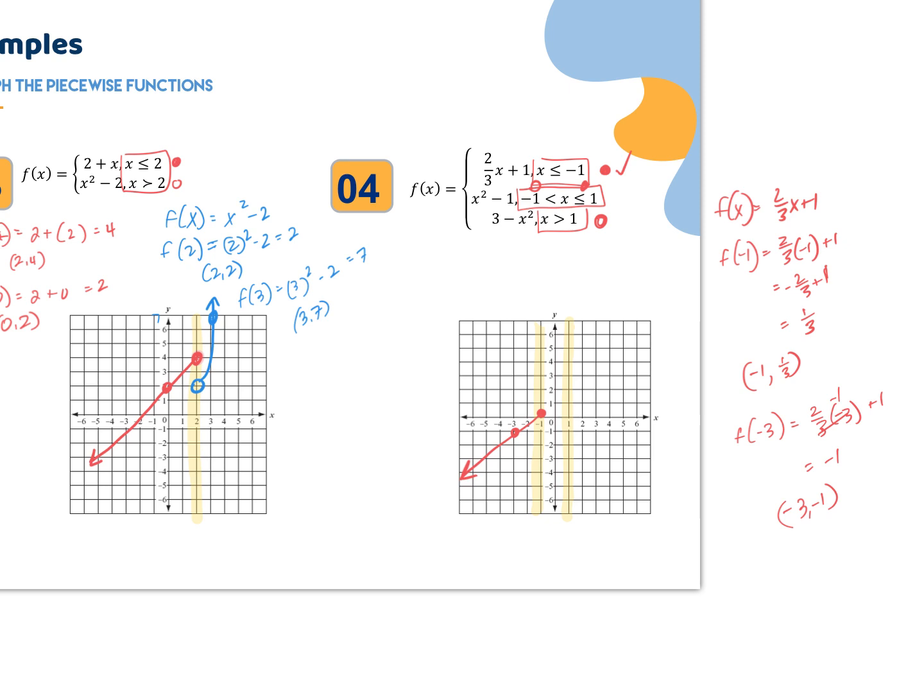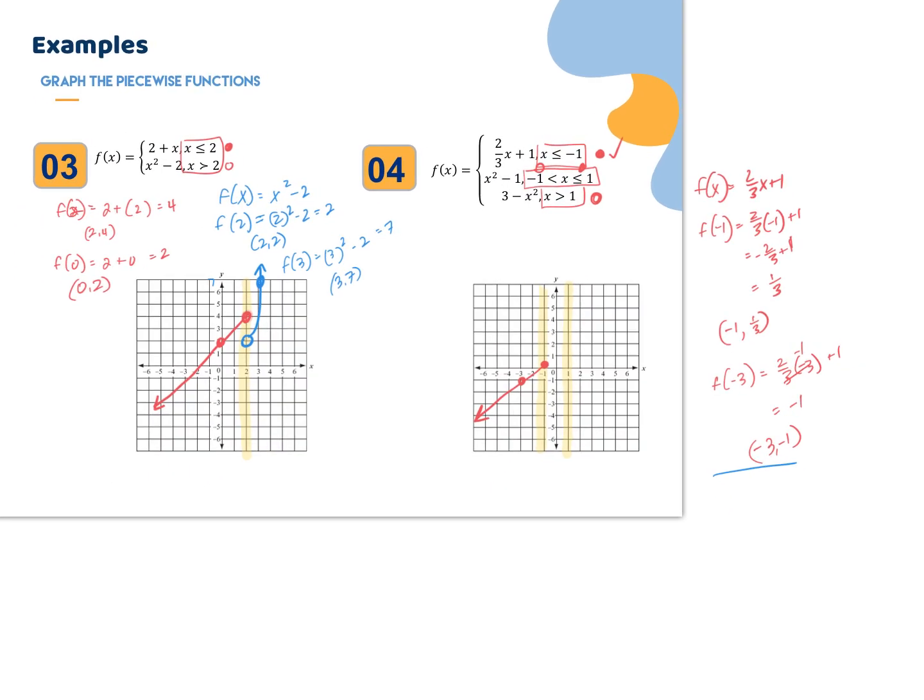Then I go to the next one. The second function is a parabola. So it's going to be f of x equals x squared minus 1. And I'm going to do those borders. At negative 1, it's going to equal negative 1 squared minus 1, which is going to equal 0. So negative 1, 0 is one ordered pair.